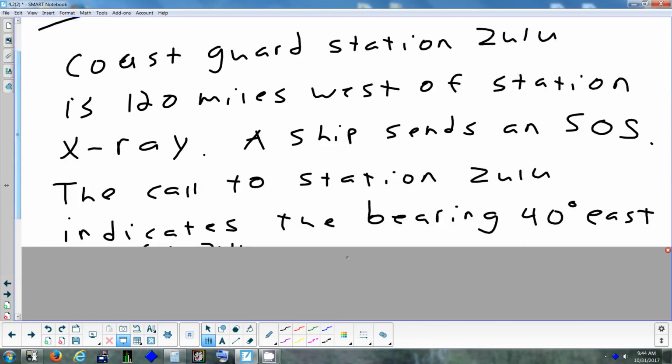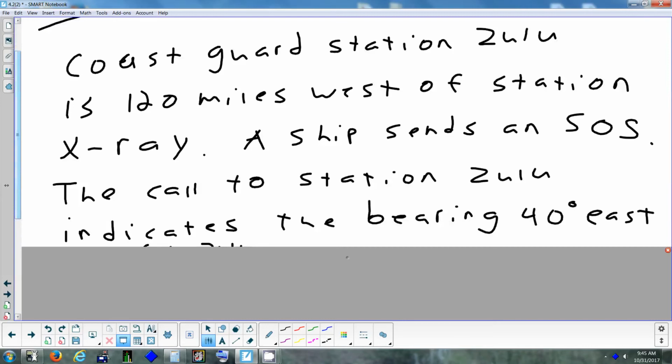And Zulu hears the call come in, and they can basically figure out the direction that the call is coming from. Okay, they can get a bearing on the radio signal. So they can basically just say the call is coming from that way. The problem is, if only one station can hear it, they don't know if it's 20 feet that way, 20 miles that way, or 200 miles that way.